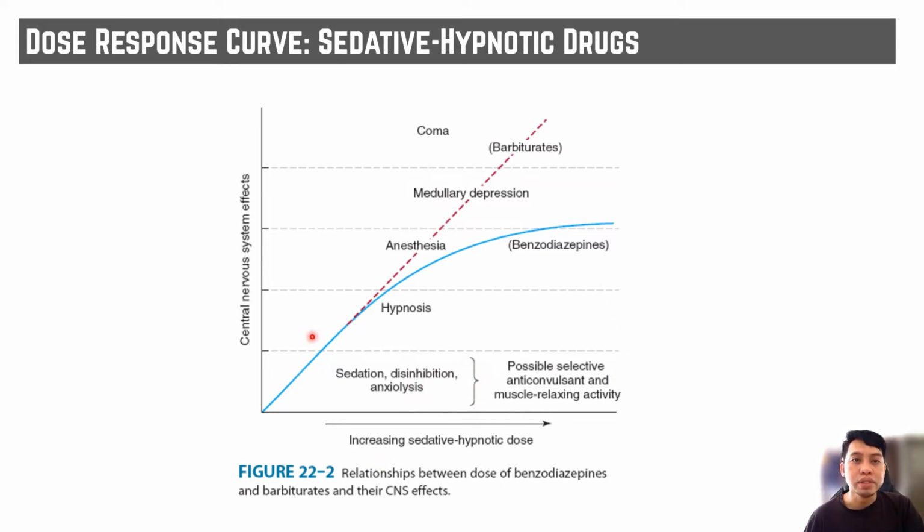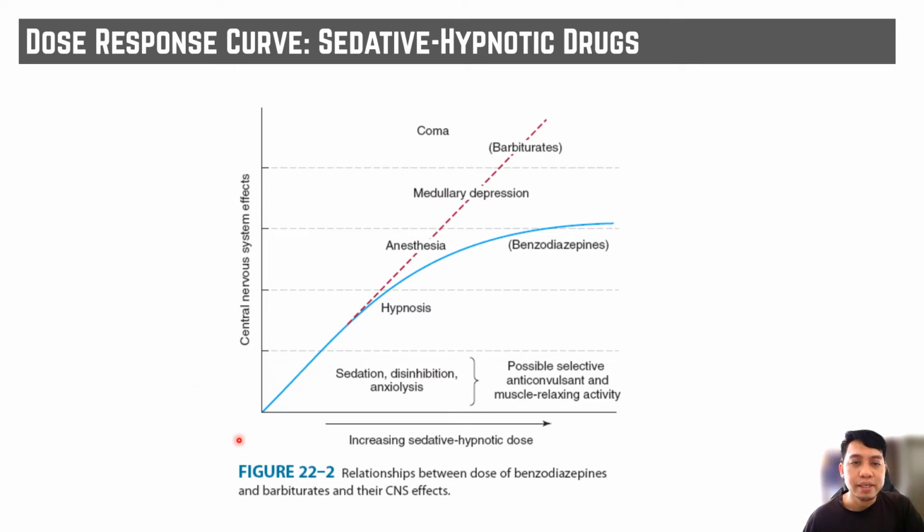At lower doses, we see sedation, disinhibition, and anxiolysis, which is the removal of the feeling of anxiety. At higher doses, we start to see hypnosis, with loss of consciousness and reduction of awareness, followed by anesthesia, and eventually medullary depression leading to coma as well as death.